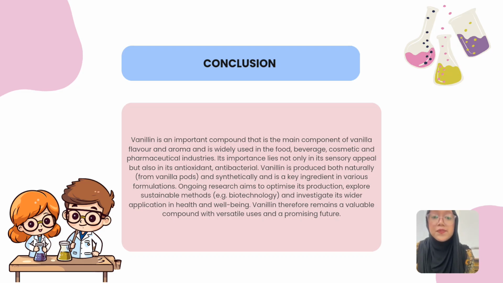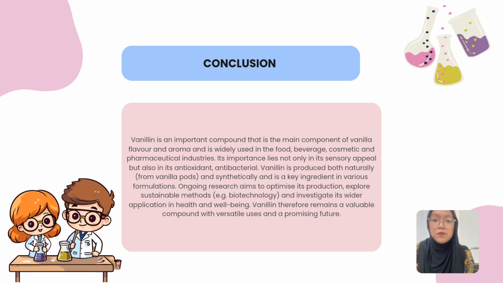To conclude our presentation, vanillin is an important compound that is the main component of vanilla flavor and aroma, and it's widely used in the food, beverage, cosmetic, and pharmaceutical industries. Its importance lies not only in its sensory appeal, but also in its antioxidant and antibacterial properties.